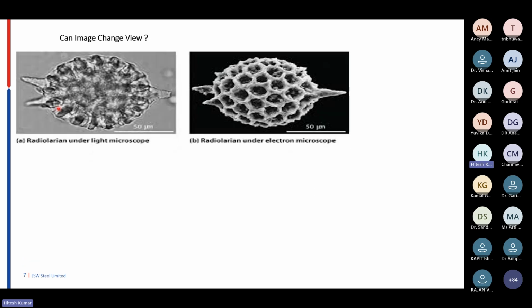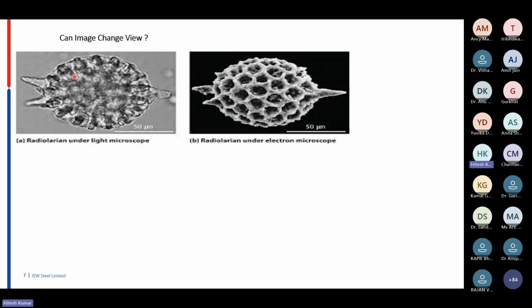Can the image change your view? Definitely it will change. I'll give you one sample which is examined with light microscopy as well as scanning electron microscopy. This is under light microscopy.